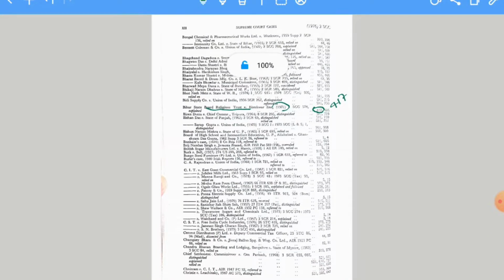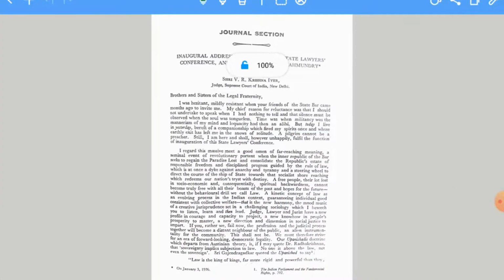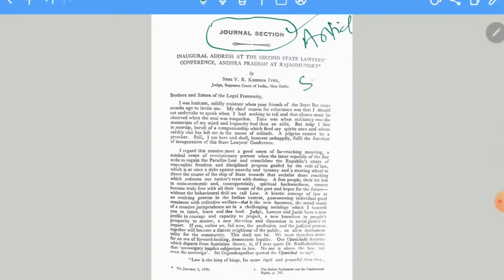Moving further, if you just go further, you will find this. The first part which will come here is the journal section. Already I had discussed a little bit about this. In the journal section, you will get some articles, as well as some speeches by judges.